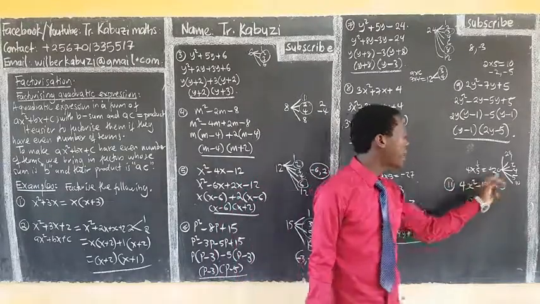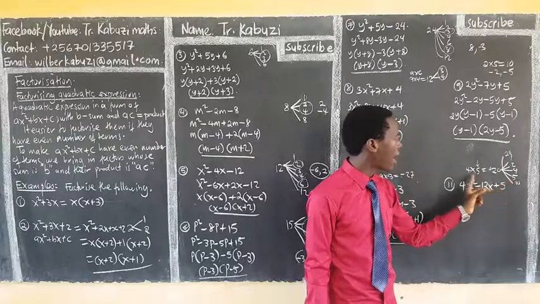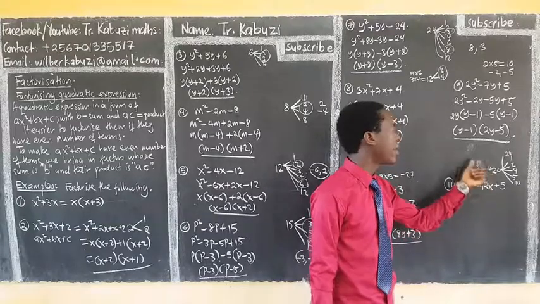Okay, so we have the product as 20. What factors do I need? When I add these ones, I can't get this. Even if I subtract them, I can't get it. So this is not the pair I'm going to use.